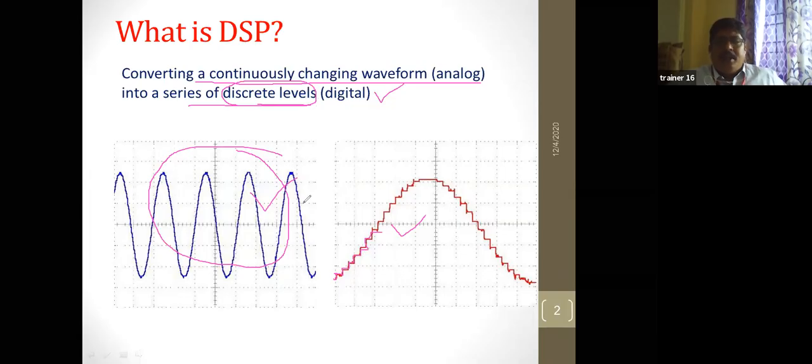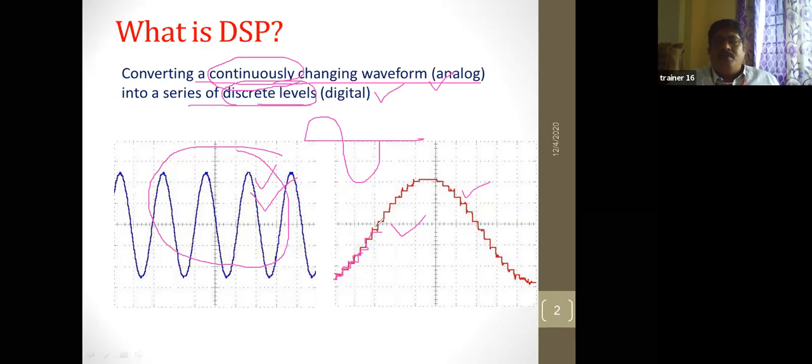In the previous discussion, we were sampling and holding only one analog signal, and then we go further. Here, a continuously changing analog waveform is converted into a step-by-step series of discrete levels in digital form.